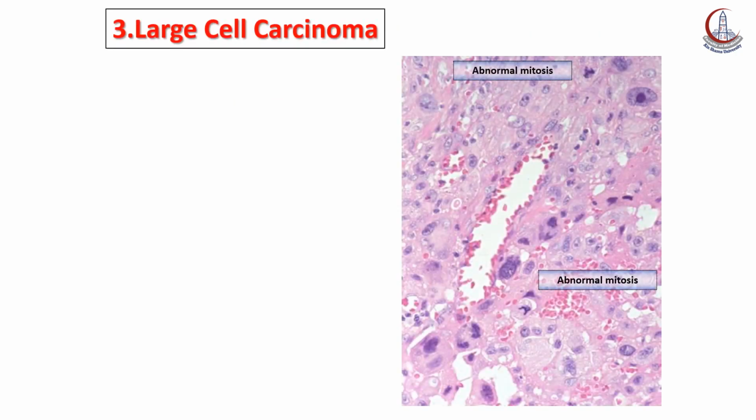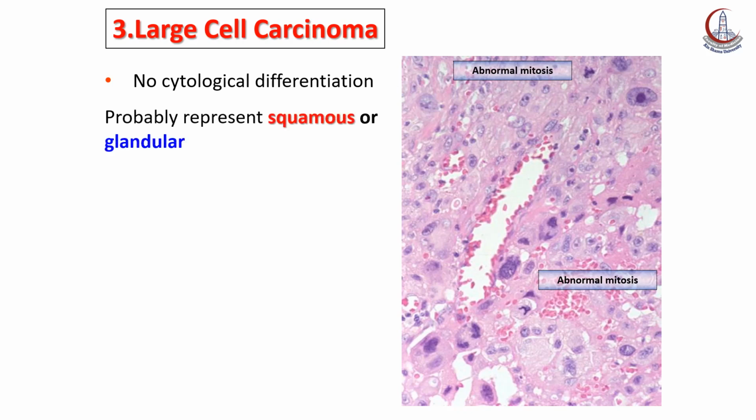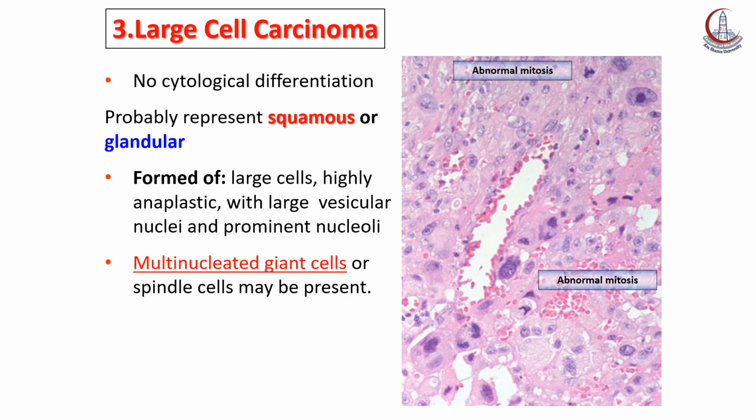We will move to the large cell carcinoma. No cytological differentiation to squamous or adenocarcinoma, formed of large, highly anaplastic cells with large vesicular nuclei and prominent nucleoli, displaying scattered multinucleated giant cells, or spindle cells also may be present.